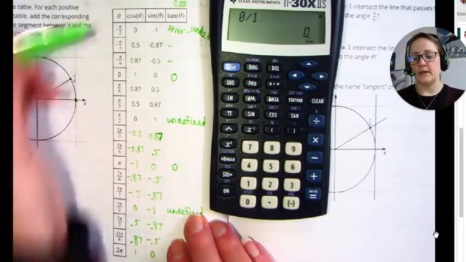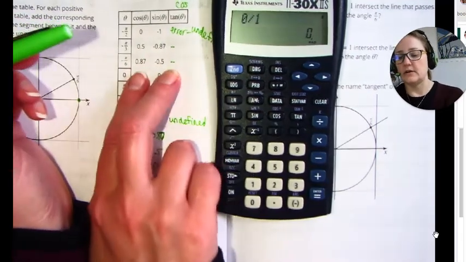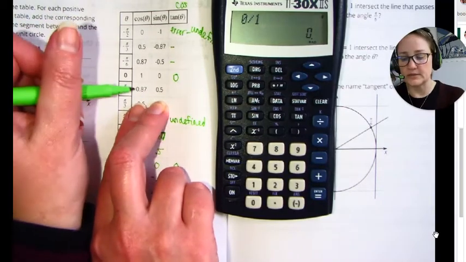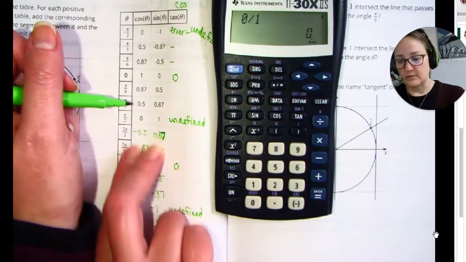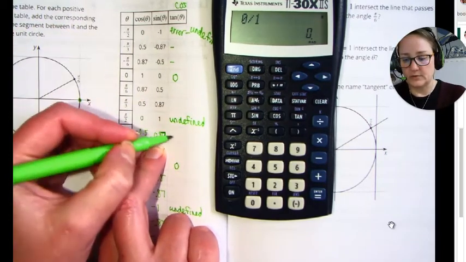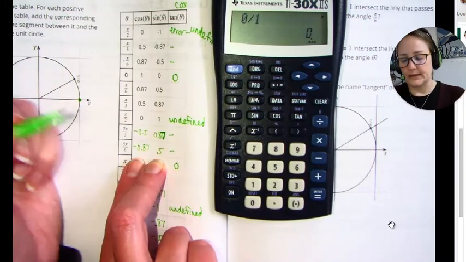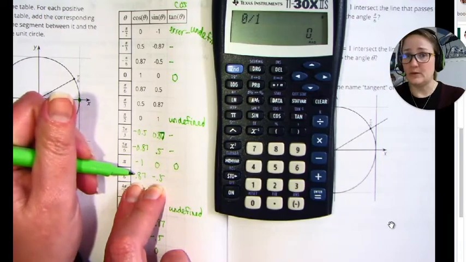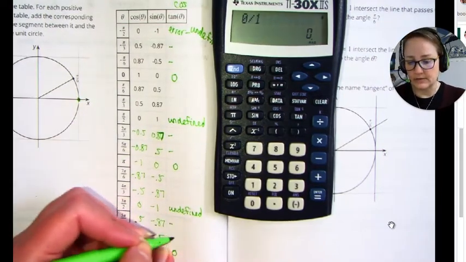If either one of these is negative, then our division will be negative. These two are positives, so a positive divided by a positive is a positive. This will be a positive. Here's one negative, so a positive divided by a negative is negative. Negative. Negative divided by a negative, positive. Positive, negative, negative.